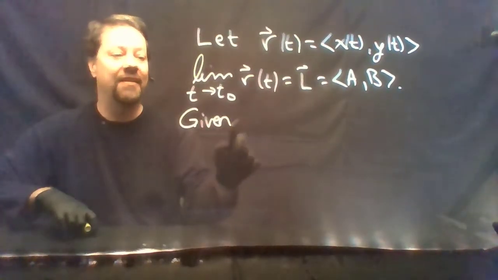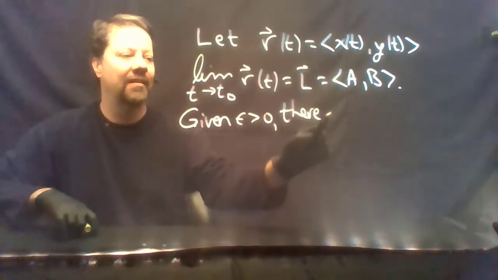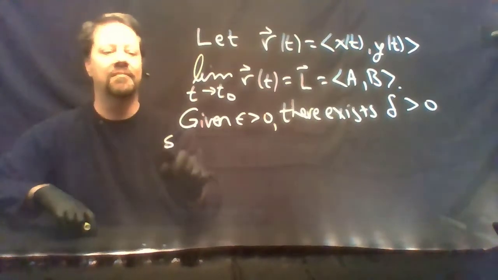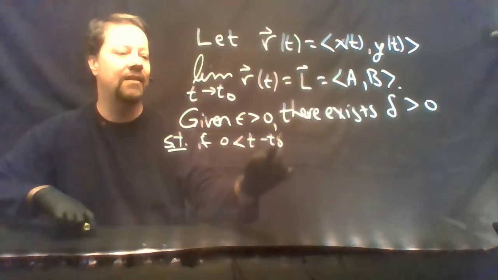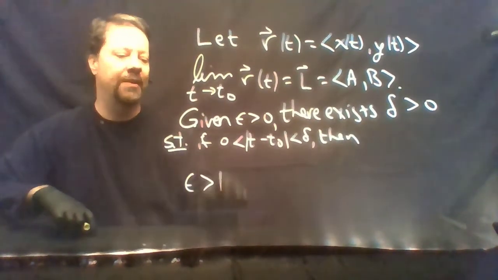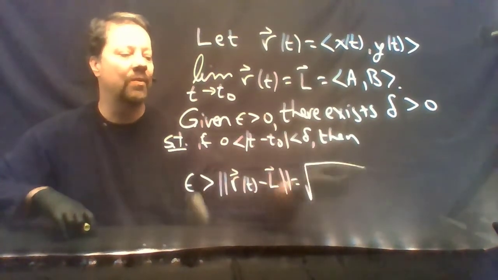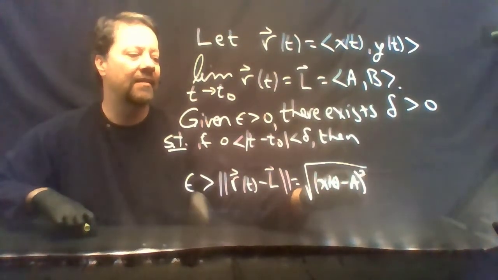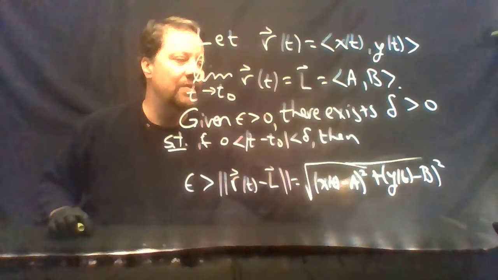Then, given epsilon greater than 0, there exists delta greater than 0 such that if 0 is less than t minus t naught is less than delta, then epsilon will be greater than the distance between r of t and L. That's the square root of x of t minus a quantity squared plus y of t minus b quantity squared.